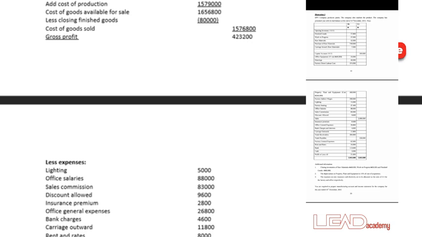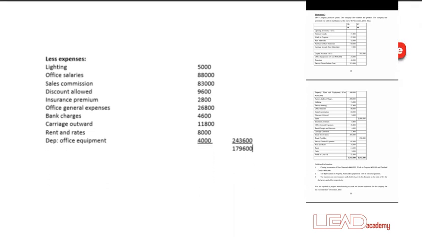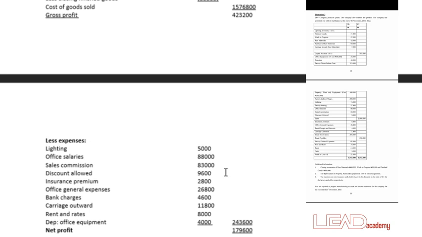So this is your net profit for the year, which means that the company made a net profit of 179,600. It was the net profit that was made in 2015. We have come to the end of calculating manufacturing, trading, profit and loss account.